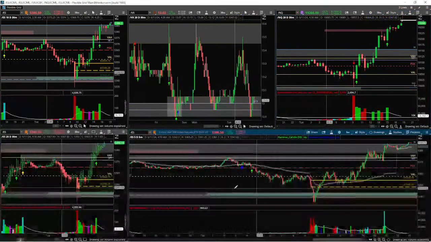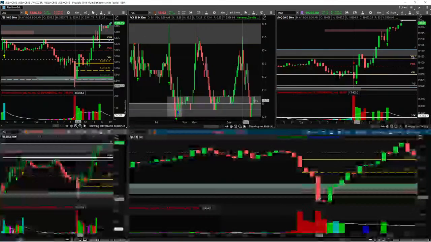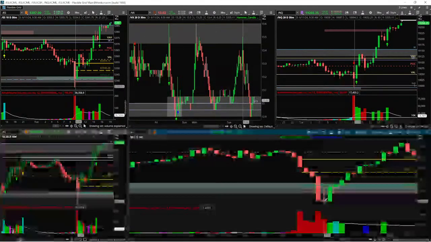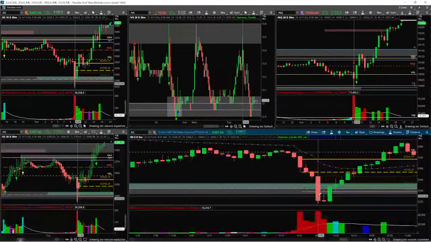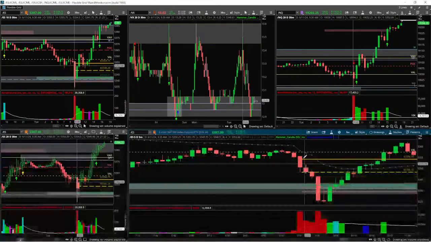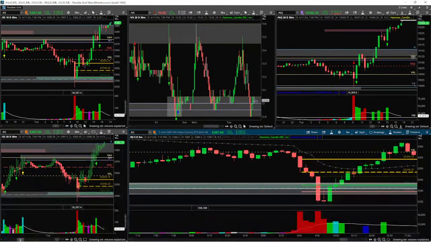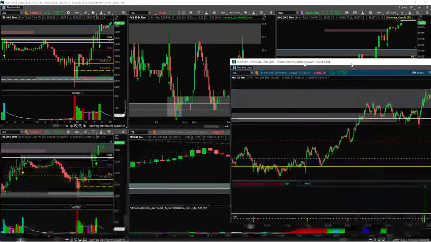If we go into the 5-minute, we can see that we had some strong volume down into this level. Price came back up, down, and then started moving up above the volume that we had here at 9:45. When I was looking at this, I noticed that on the 1-minute chart we had some high volume above 10,000, I think around 14,000 at that time.